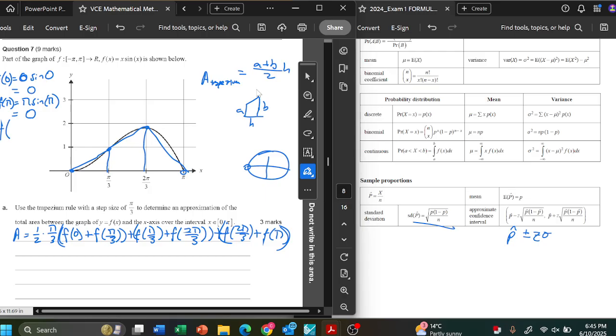They're nice and easy. Then for pi on 3, so f pi on 3 is going to be equal to pi on 3 times sine pi on 3. Now, sine pi on 3, this is where we need to reach for our special right triangles. So this is the one that's like an equilateral triangle of side lengths 2.